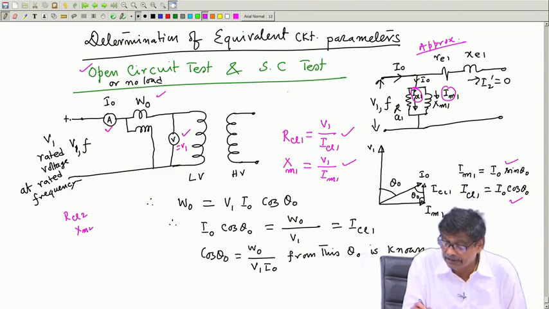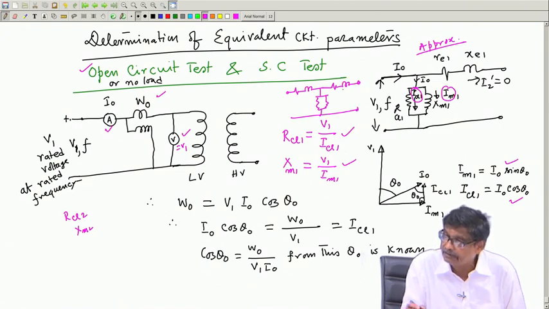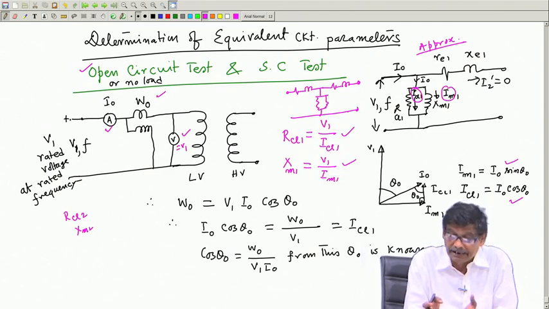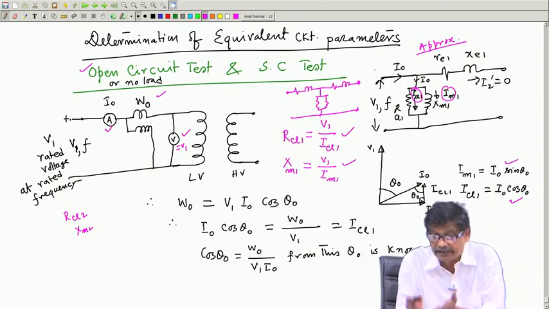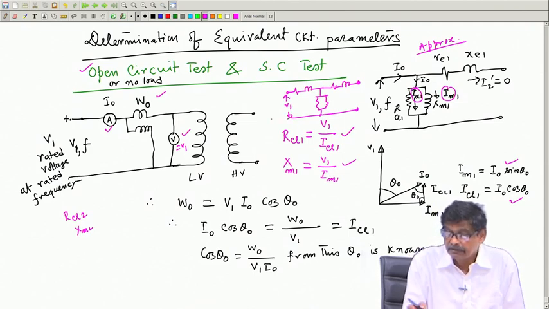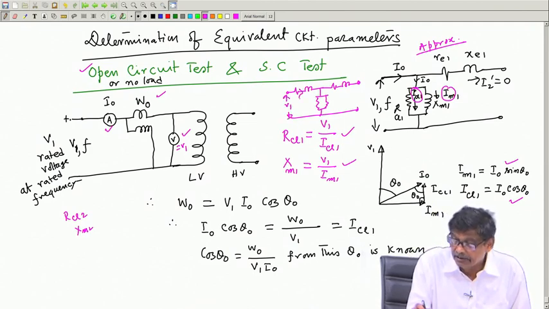Because the exact equivalent circuit is what? R1 X1, then this parallel branch, and then of course, these two are open circuited. That is the exact equivalent circuit. And you are doing the test on a practical transformer whose exact equivalent circuit is this. Here you have applied a voltage, and this current you are calling I naught, fine.